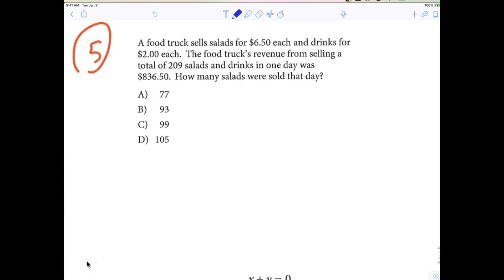How many times have we had that problem? A bunch. All right, so Miss Bain, why don't you write the equation for me? Can you write the equation? Come on, don't tell me you didn't understand that one. Good, thank you. Read it. 6.5s plus 2d.